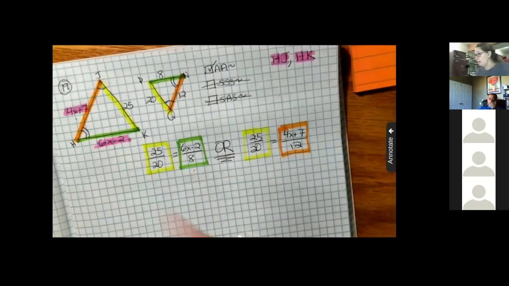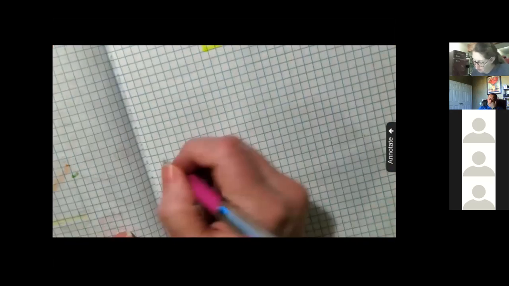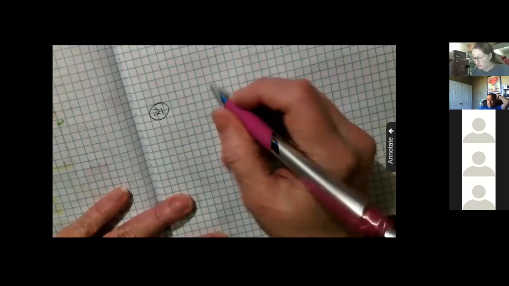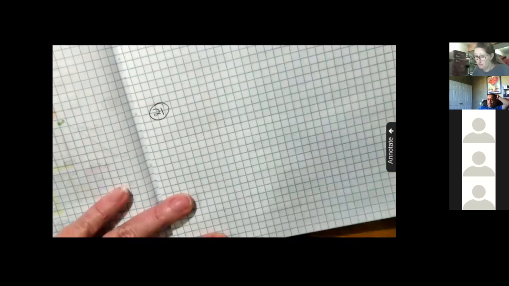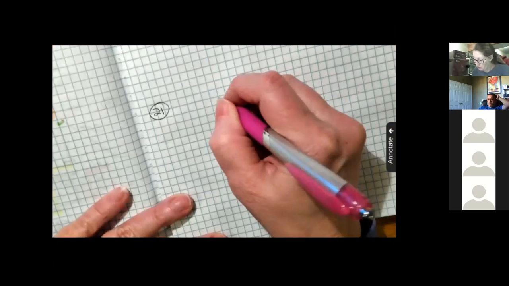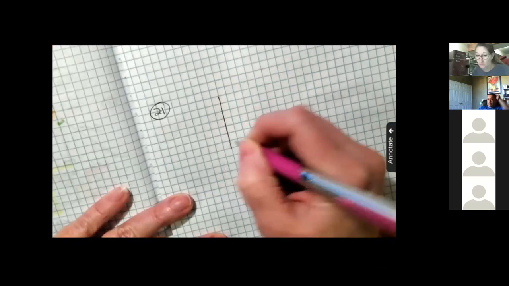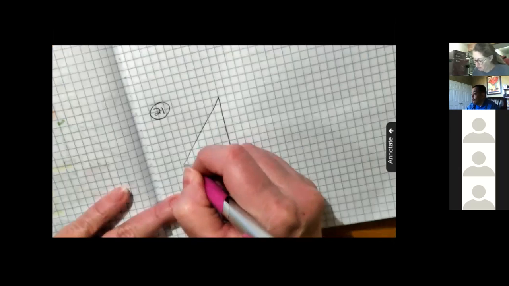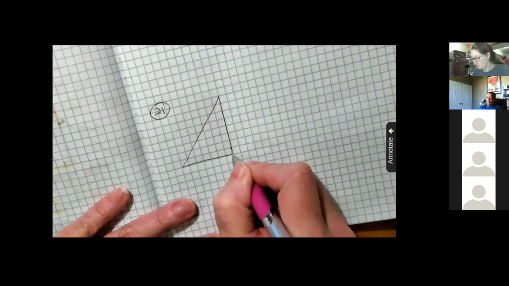Okay. So now let me set up 21 so you guys can see 21 and draw those out for you. And you don't have to draw it the way it is on the paper, okay? He just wants you to draw it out. So you have this triangle, which I know is at an angle, but whatever.